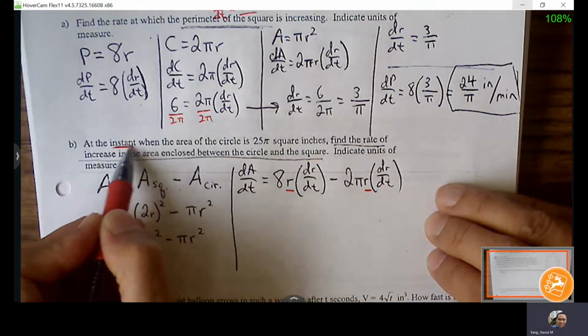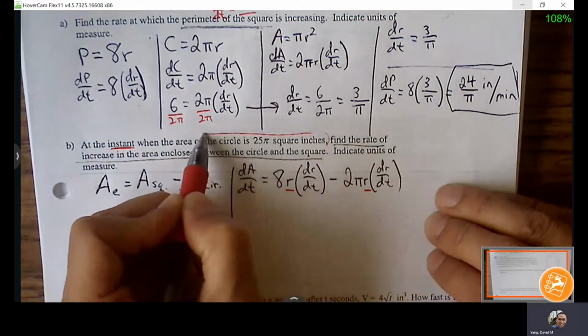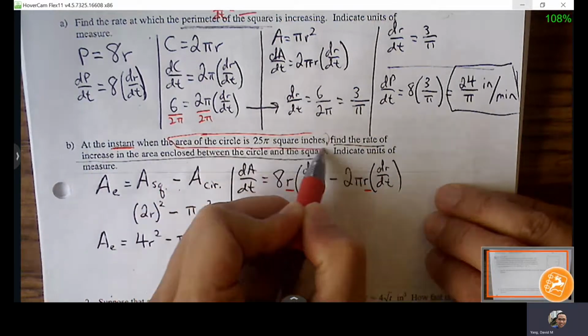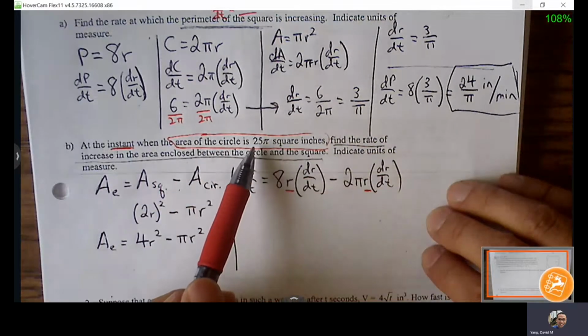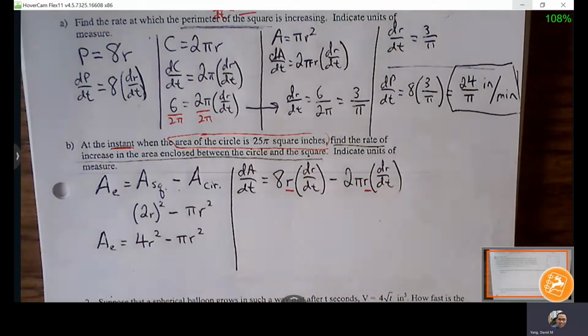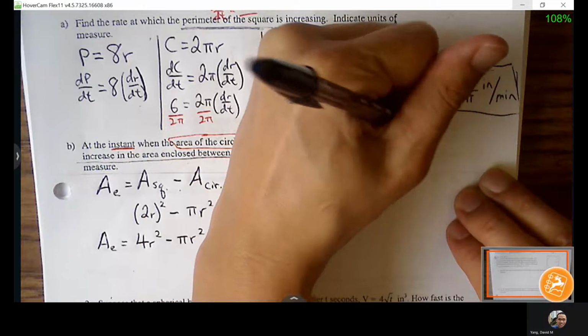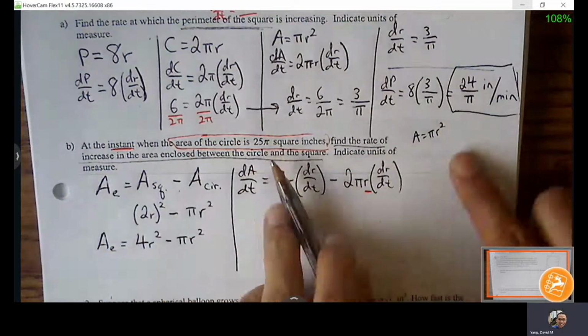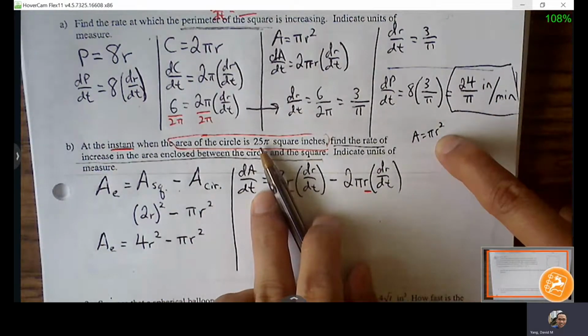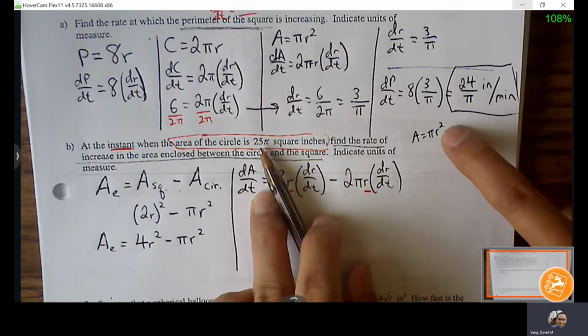Okay. At the moment in time, we're told that the area of the circle is 25 pi square inches. Can that be helpful for us to find radius? Yeah, area of a circle is pi r squared, right? So if I use that connection, I can find the radius at that moment in time.